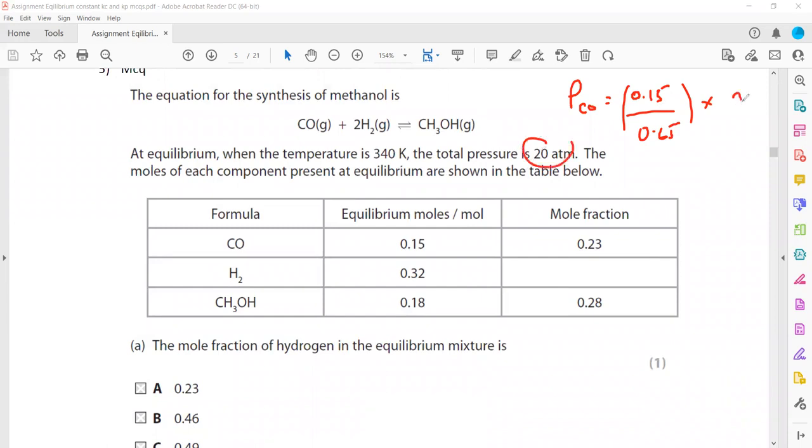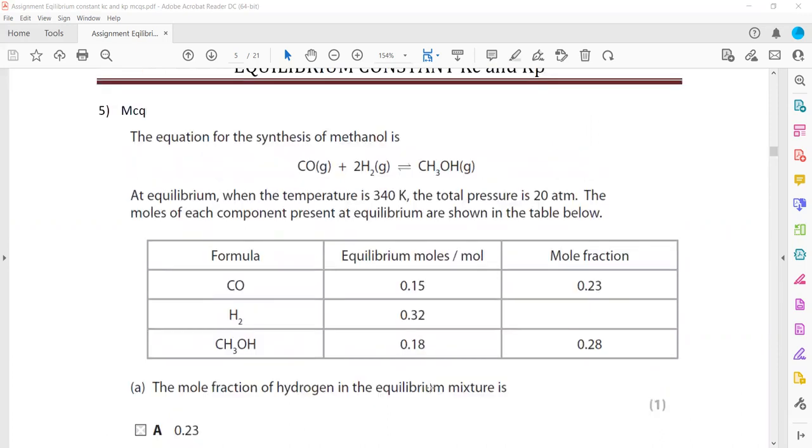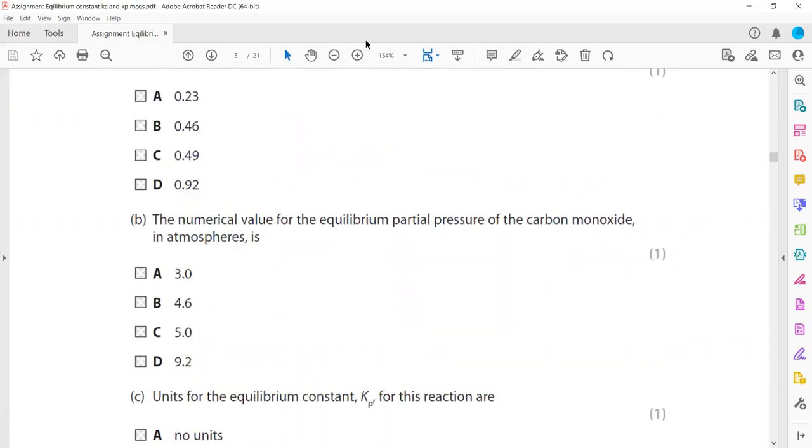The total pressure is 20, so we multiply by 20. So 0.15 divided by 0.65 is 0.23. So 0.23 multiplied by 20 will give us the partial pressure of carbon monoxide, that will be 4.6.